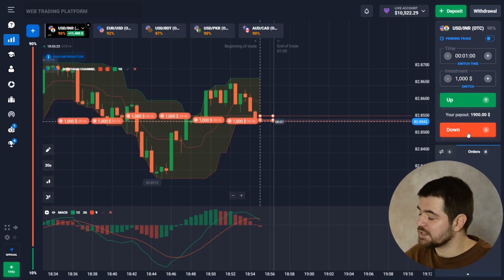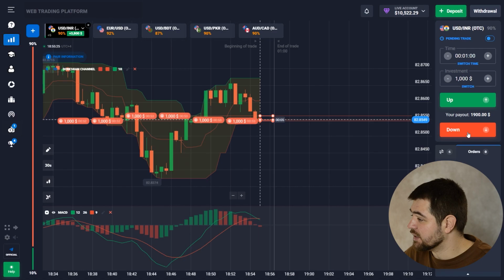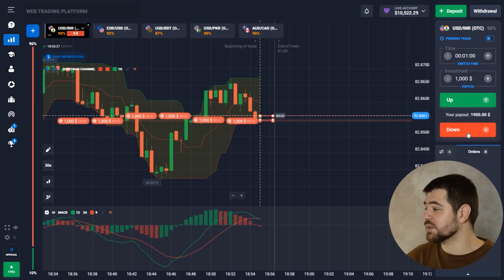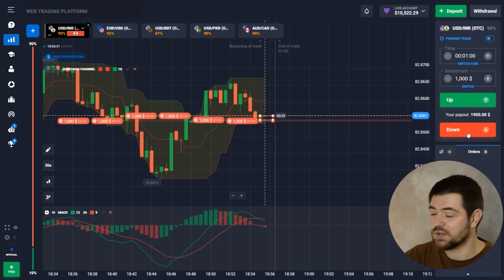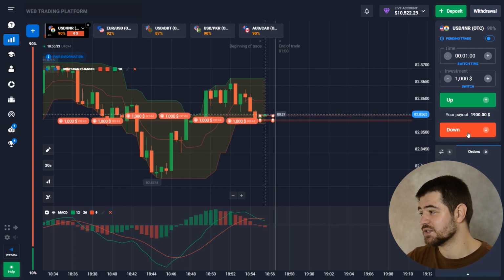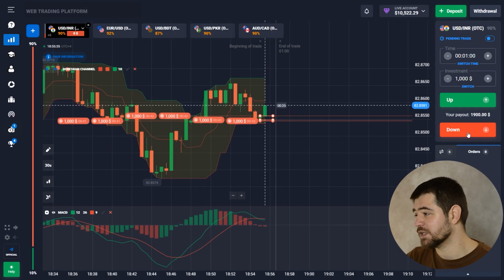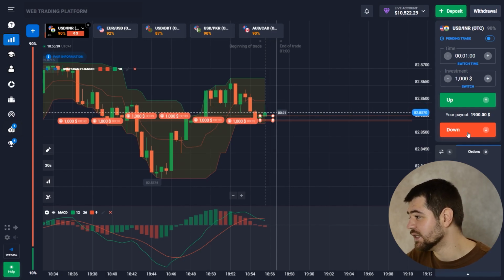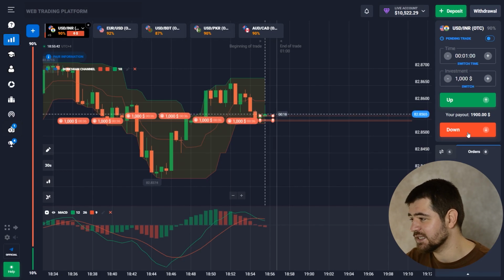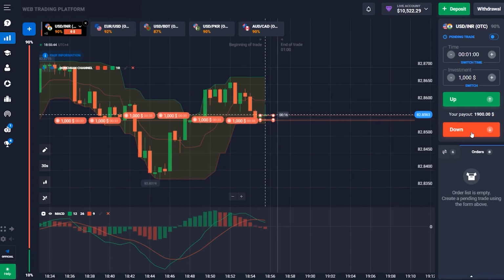Yep, 6. And we're gonna wait until this finishes and see how that's going. I'm positive for this. Two nice indications from both the Donchian channel and the MACD. So let's wait for the result.